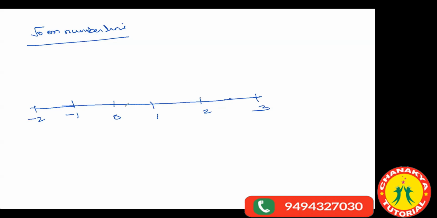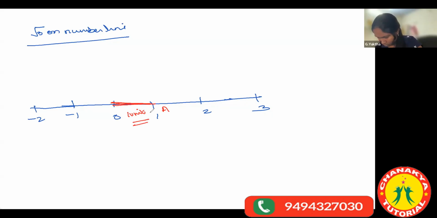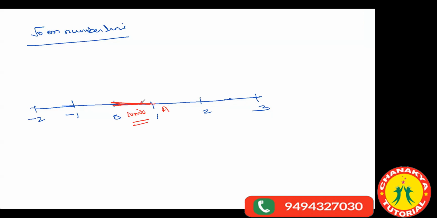Okay. Now, children, draw a line segment of 1 unit at O point. So this will be 1 unit, 0 to 1. Mark this point again as A. Done. Now at A point, draw 90-degree angle.